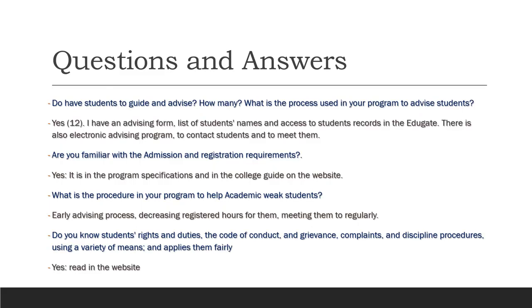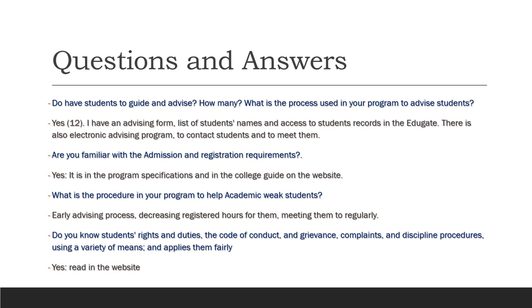When we talk about other types of advising, like advising regarding social matters or anything other than academic, I think there are specialized people in the university who are doing this kind of advising.